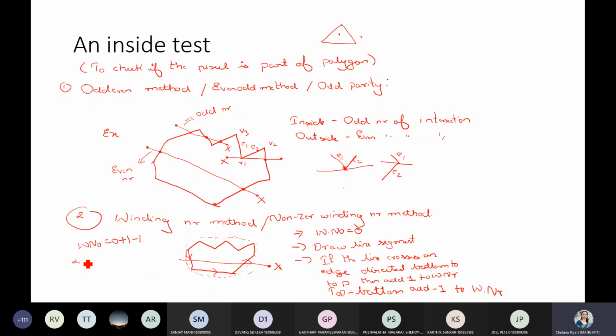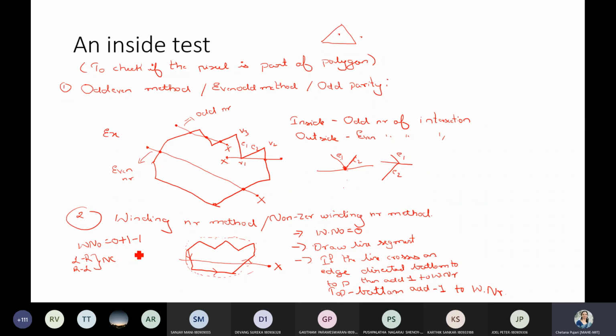In case of left to right or right to left edges, there is no change, so need not worry. Only wherever it intersects, you are going to check if at the intersecting point you have an edge going bottom to top or top to bottom.